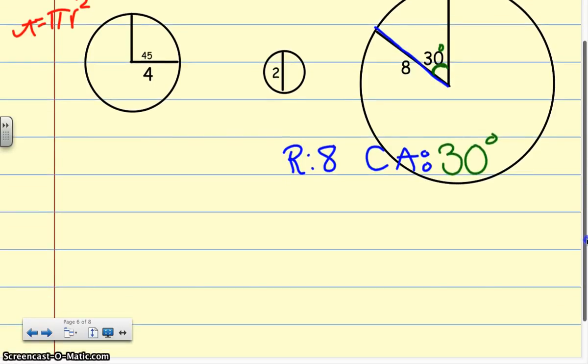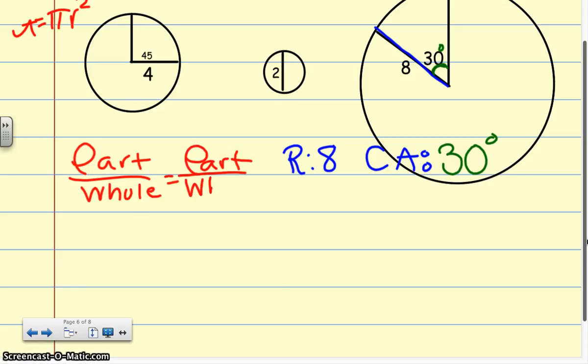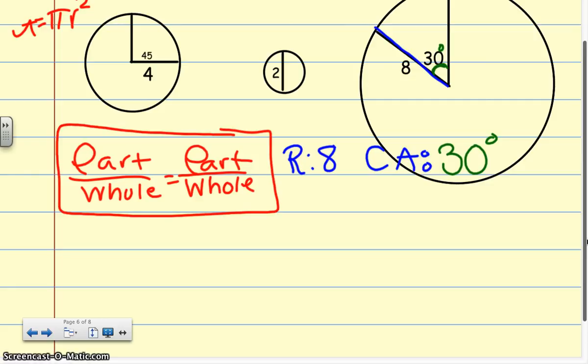Okay, now we get to the hard part, creating the proportion. So again, I'm just going to write part is to whole as part is to whole. And I'm going to do that more often than not because this way to represent a proportion will work in almost all cases. Okay, so again, what's my goal?